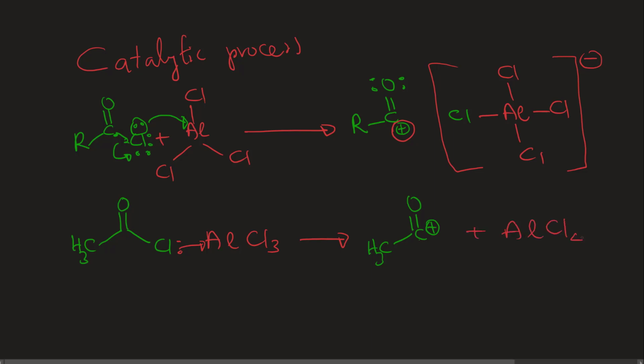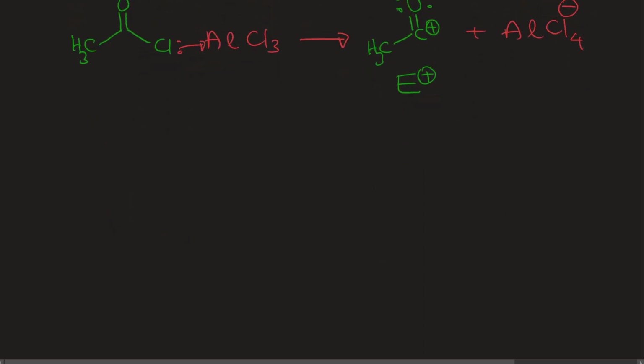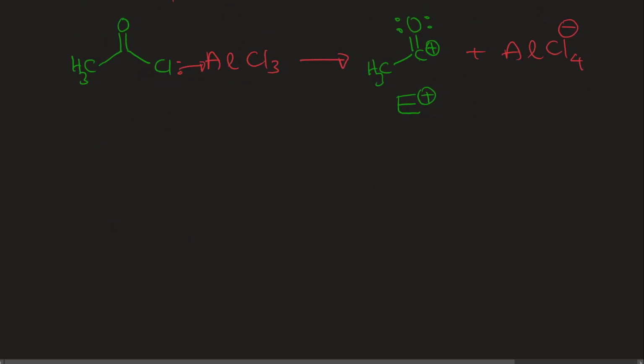Then the aluminum tetrachloride negative ion is sitting there as a counter ion, nearby. Now the lone pair on the oxygen, it's the activated electrophile actually. So this will make the resonance structure.